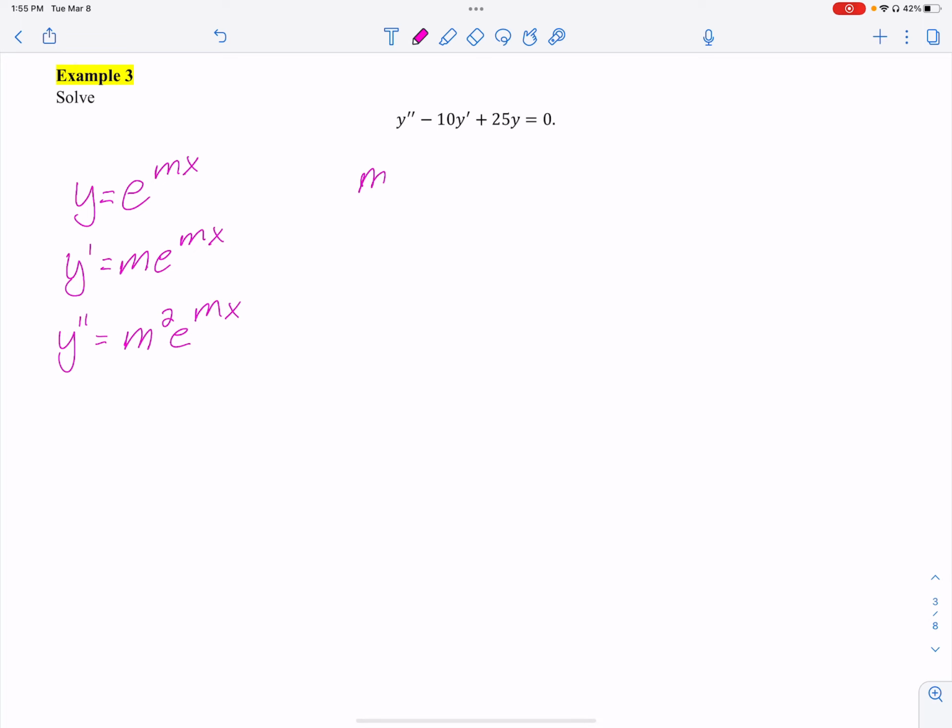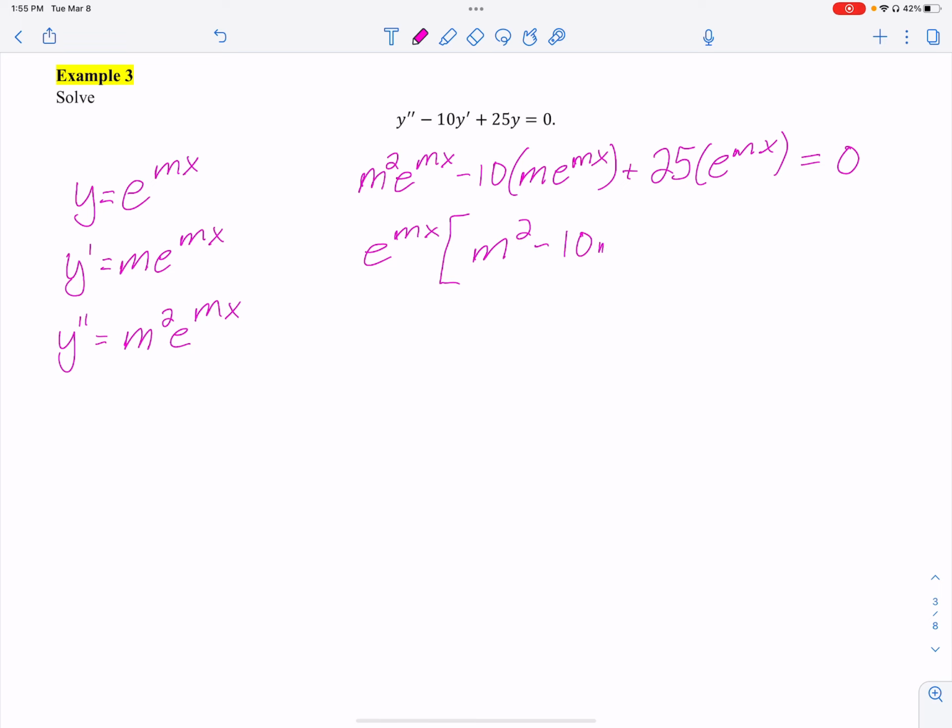So I get m squared e to the mx minus 10 times m e to the mx plus 25 times e to the mx. Notice everything has an e to the mx. I'm going to factor that out, leaving me with m squared minus 10m plus 25. And that equals 0.